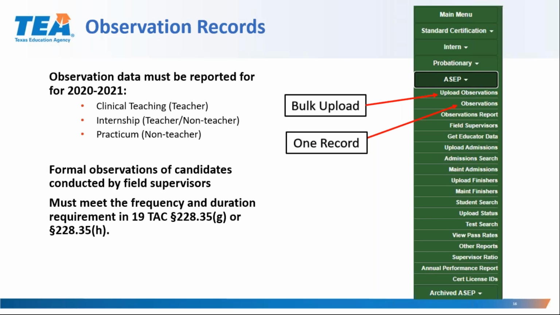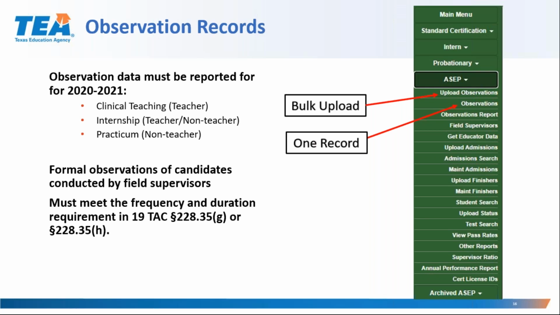Observations must meet the minimum for duration and frequency as required for the certificate class of the candidate and the type of assignment. For example, there is a different observation frequency required for a teacher candidate completing clinical teaching than the frequency that is required for a teacher candidate completing an internship while holding an intern certificate. Additionally, the duration required for each teacher candidate observation is a minimum of 45 minutes.